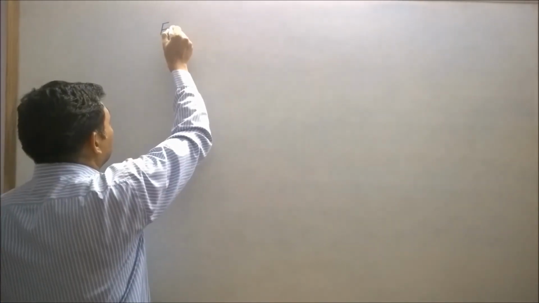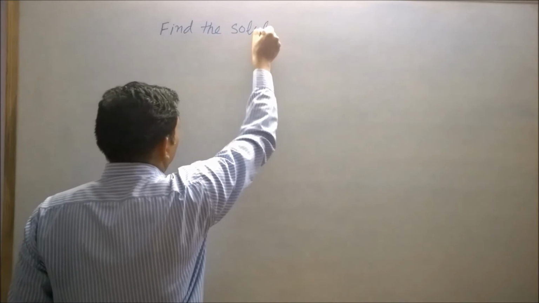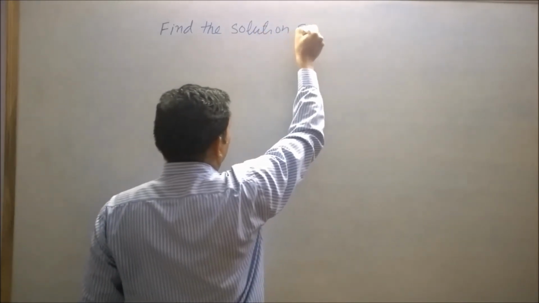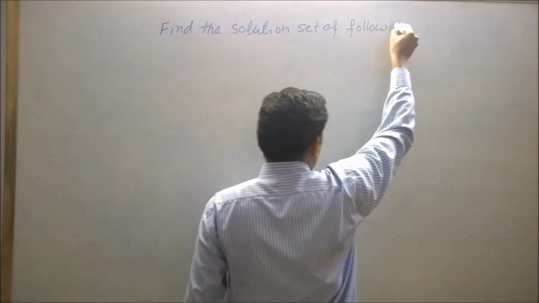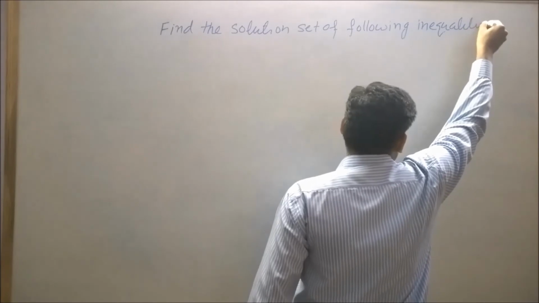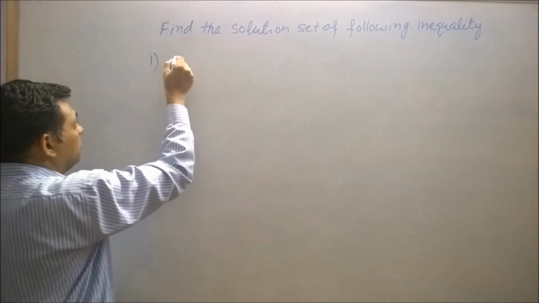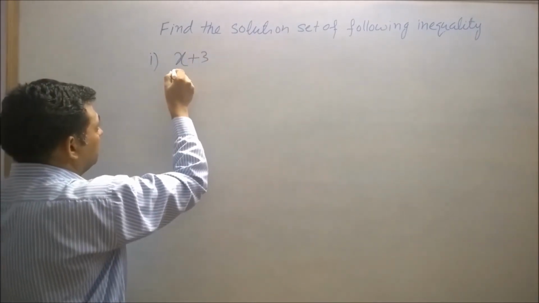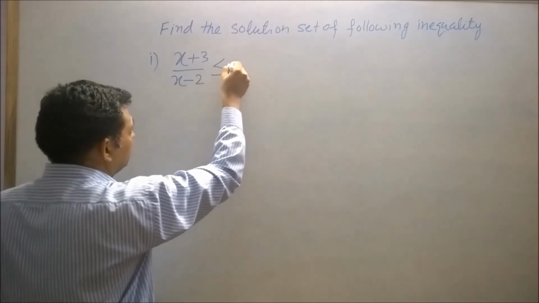So student, this is your homework: find the solution set of the following inequalities. Question number 1: (x + 3)/(x - 2) is less than or equal to 2.